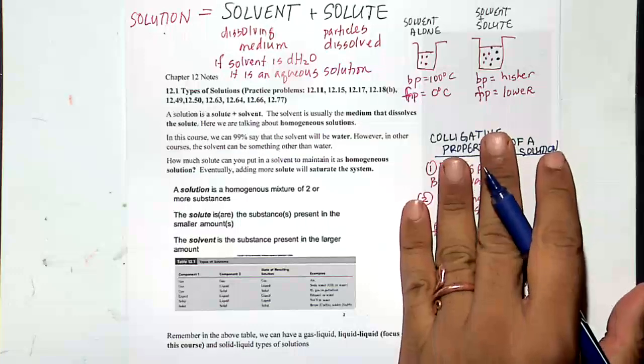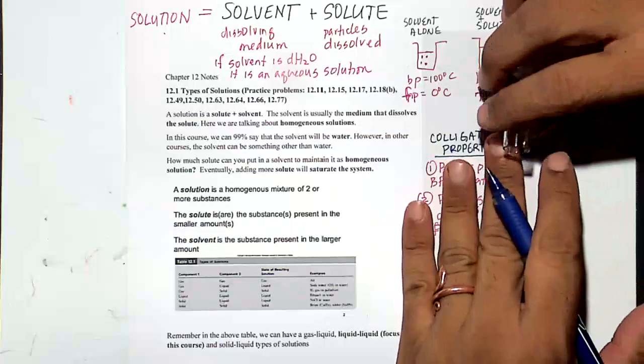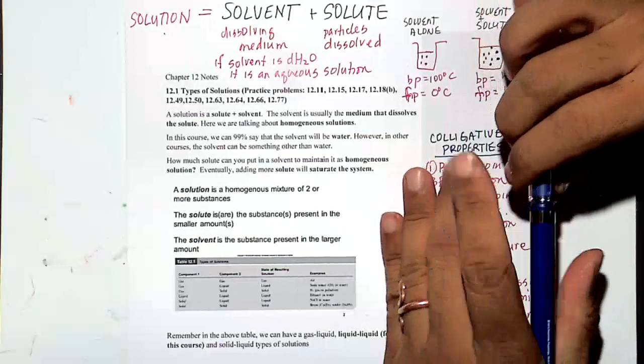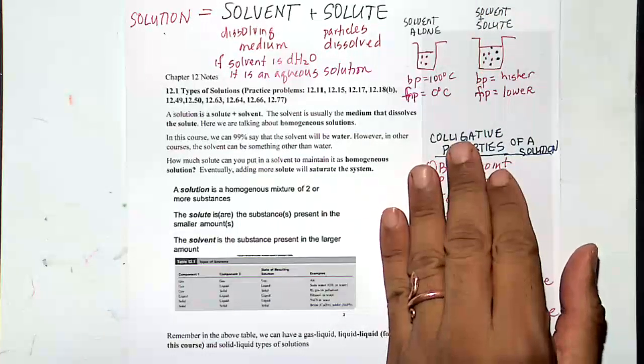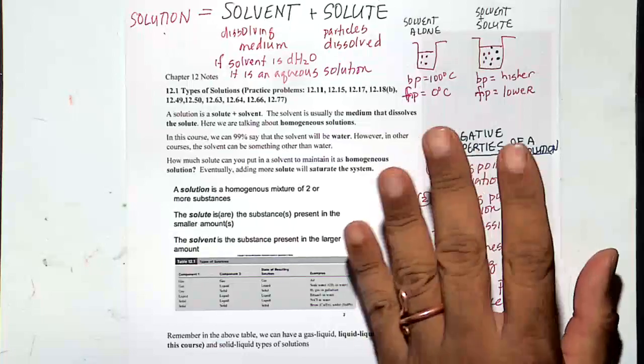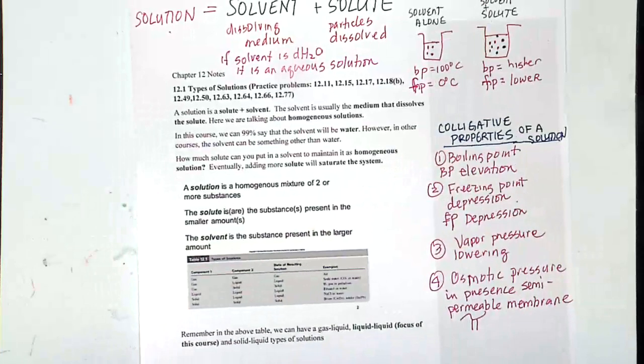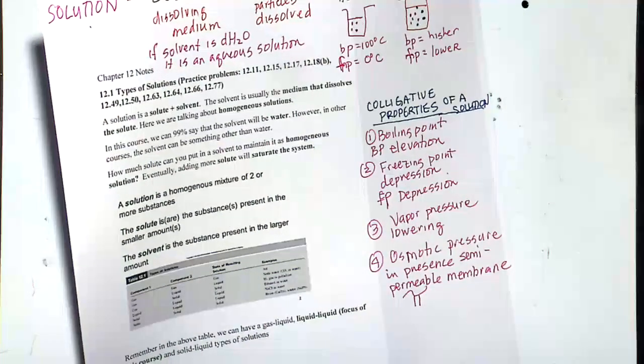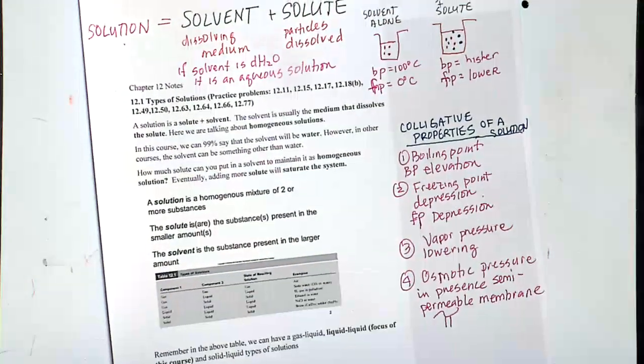Lowers. What's our new boiling point? Higher. And what else do we get if we put in a membrane inside? There you go. You get an osmotic pressure. So these are the 4 things that happen. Okay. We'll talk more about this later.